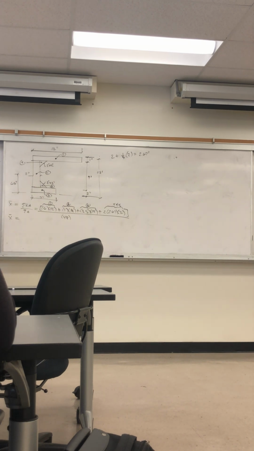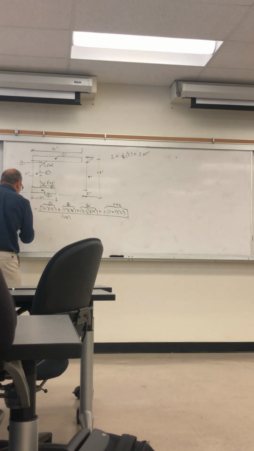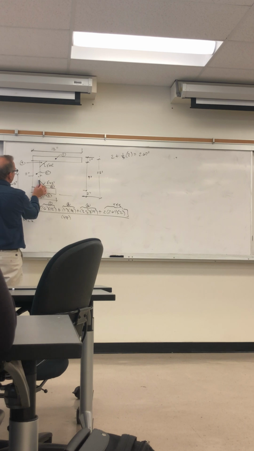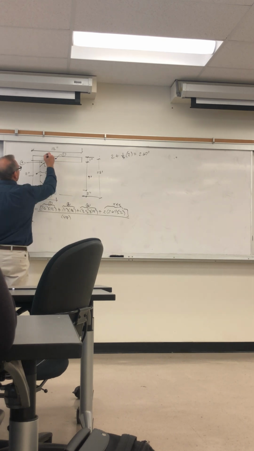So X bar, that's the distance out horizontally to the centroid, is 3.12 inches. So it's just to the 1 inch to the right of this, it's about here.